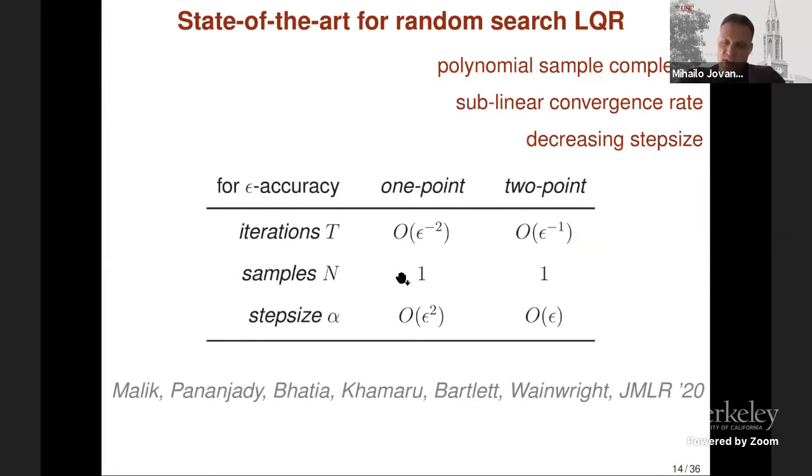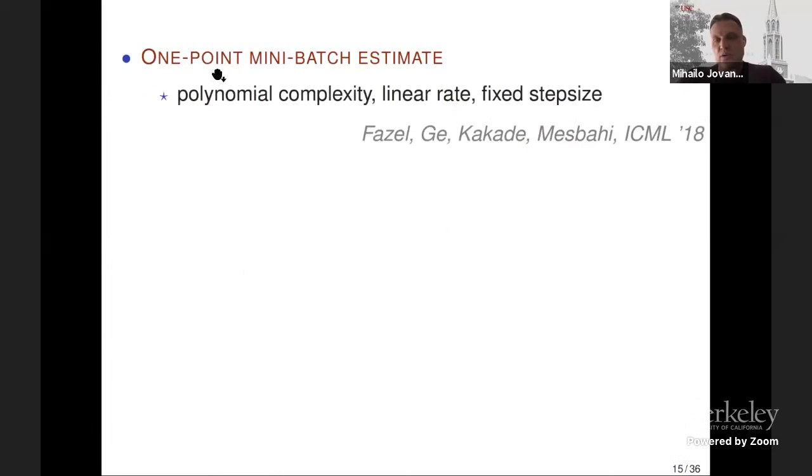And in addition to that, they show that if you have a luxury of using 1-point mini batch estimate with 1-point scheme, they confirmed essentially an earlier result of the University of Washington group, where you can actually establish linear convergence rate with a fixed step size, but with polynomial complexity.